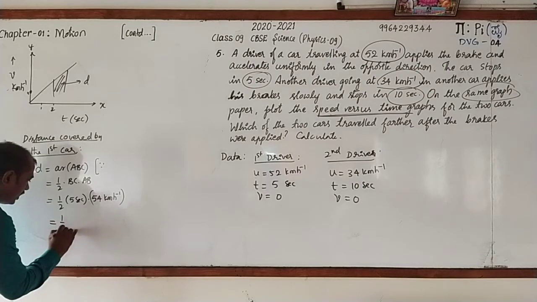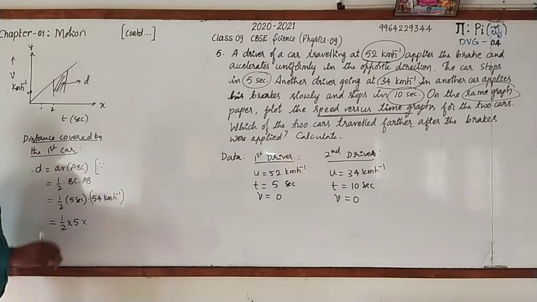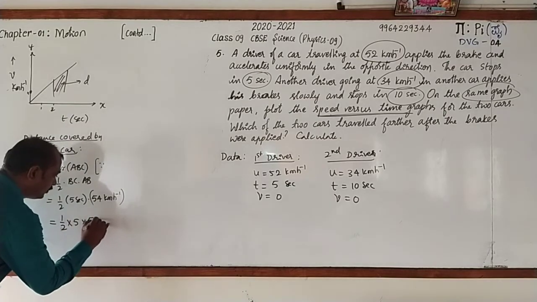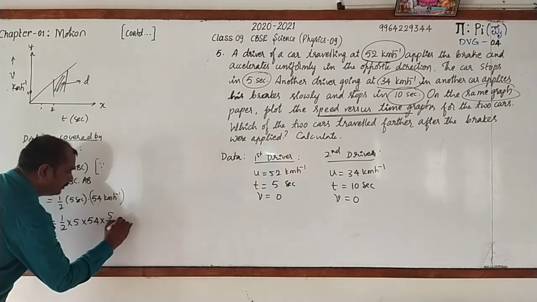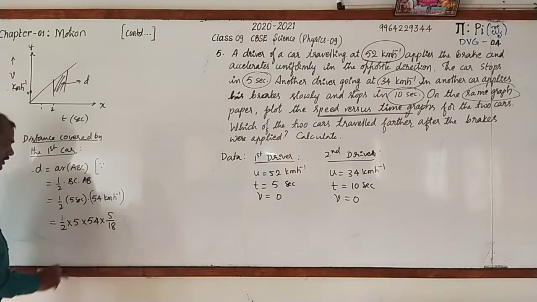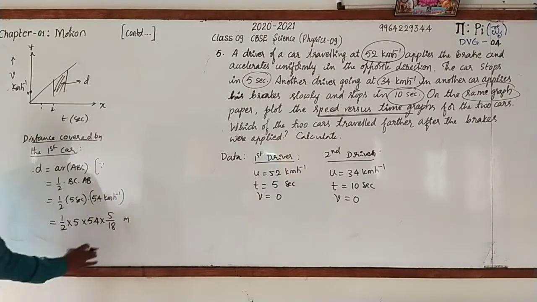This is equal to half into 5 seconds into, let us convert this into meters per second, 54 km per hour, which can be written as 54 into 5 by 18 meters per second. Here second and second get cancelled, only meter will remain.